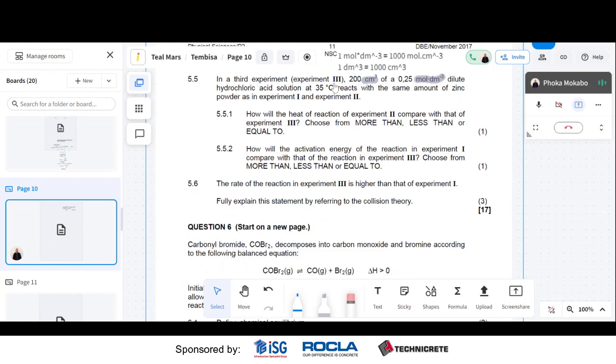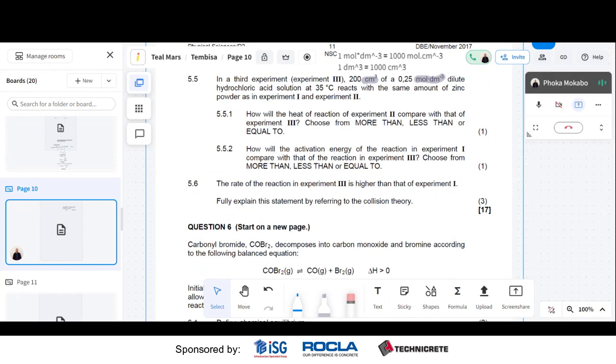But third experiment, 200 centimeters cubed of a 0.25 molar dilute hydrochloric acid solution at 35 degrees reacts with the same amount of zinc powder as in the two other experiments. Now, question 5.5.1.